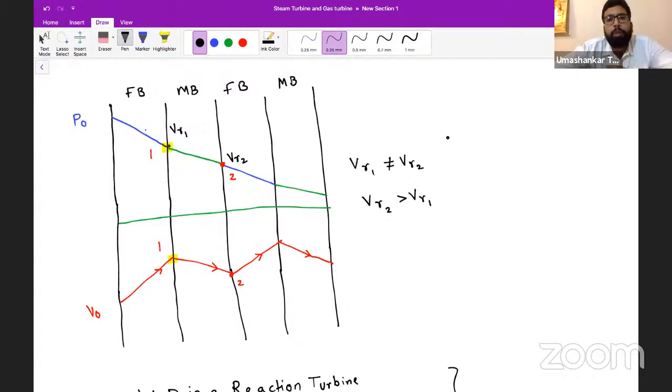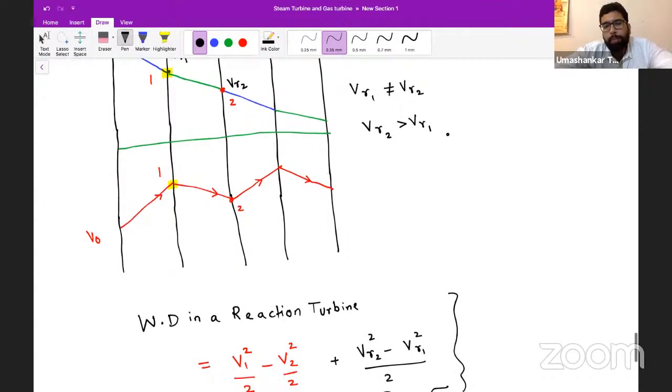So ultimately, the absolute velocity of the steam is decreasing, but the absolute velocity of the blade is increasing, and the rate of increase of the blade's velocity is much more than the rate of decrease of the steam's velocity. Hence the relative velocity will increase. Got my point or not?